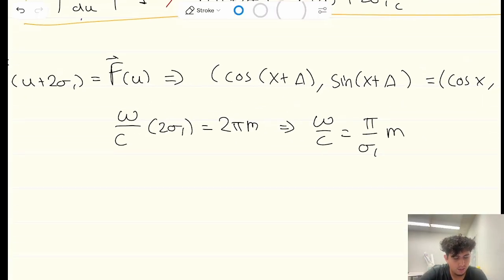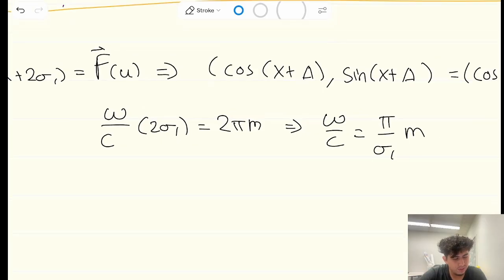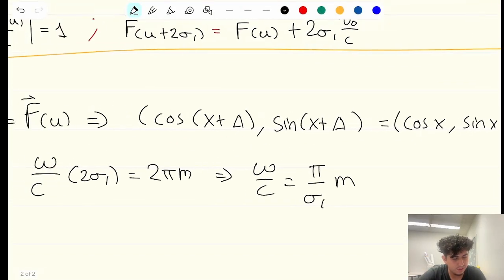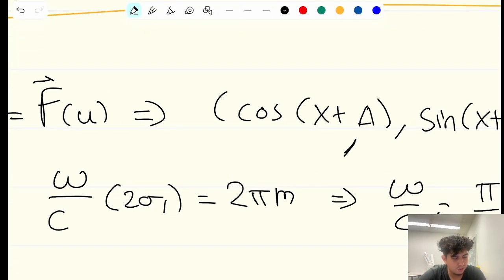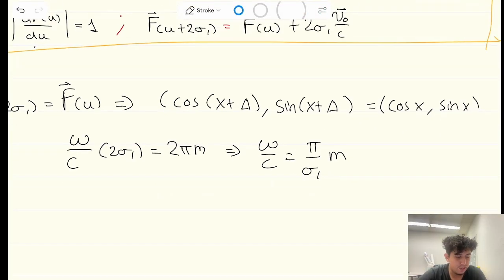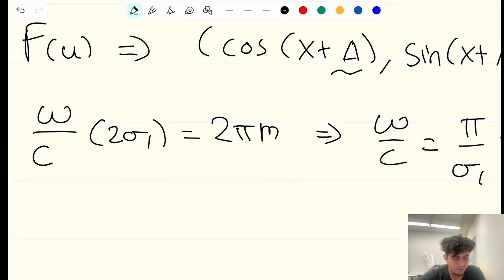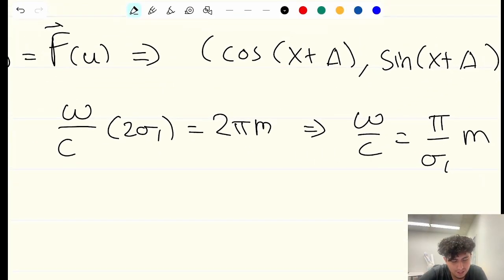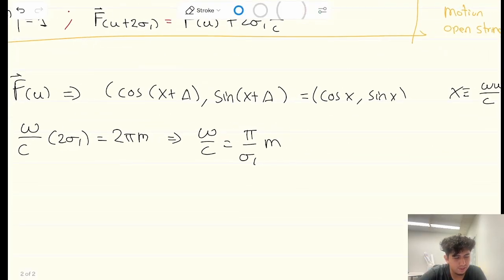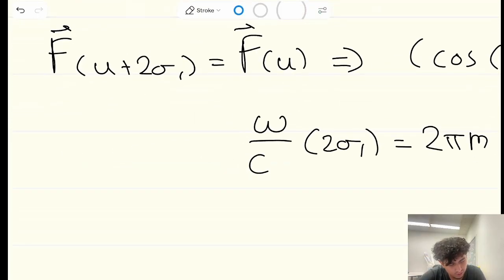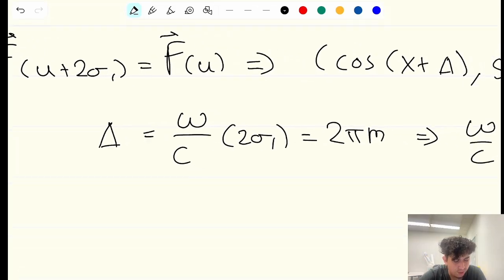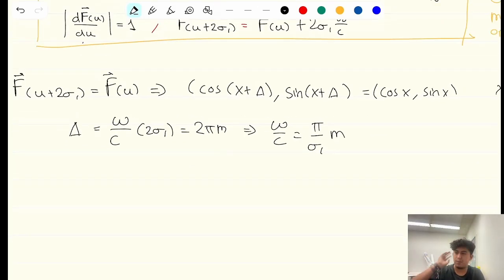Cool. So this implies, because we're changing cosine by 2 pi and it's repeating, that this part has to be equal to some multiple of 2 pi, and then we get this expression, because delta has to be equal to 2 pi times m, and m is just an integer.